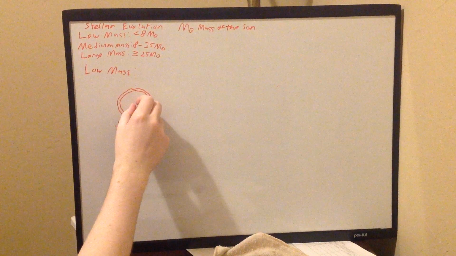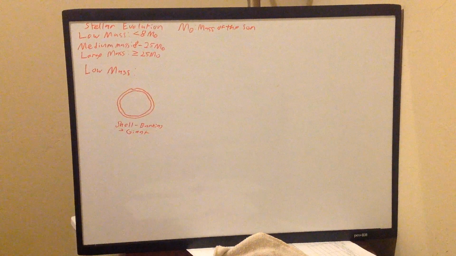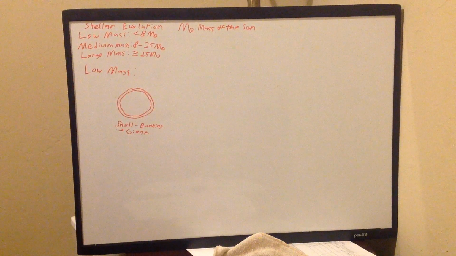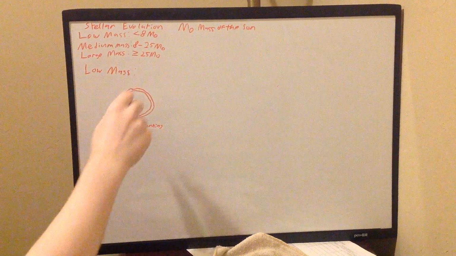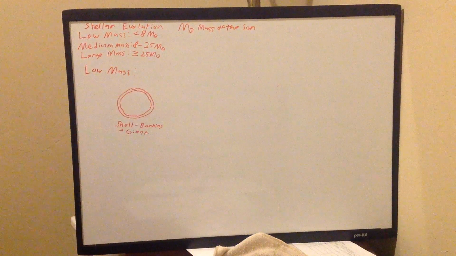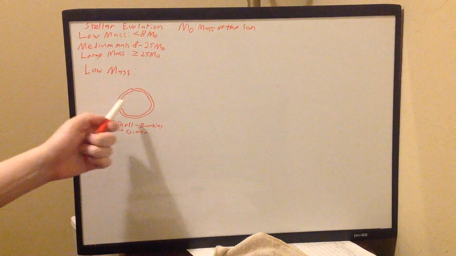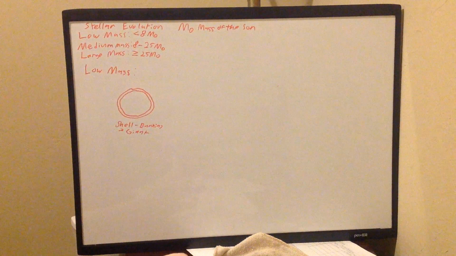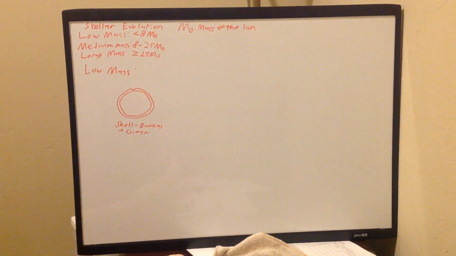And so it grows out until it reaches where the hydrogen burning is happening. So eventually this whole inner part is going to be burning helium. Now when this happens, it causes the inside to become even hotter and more pressurized, right?